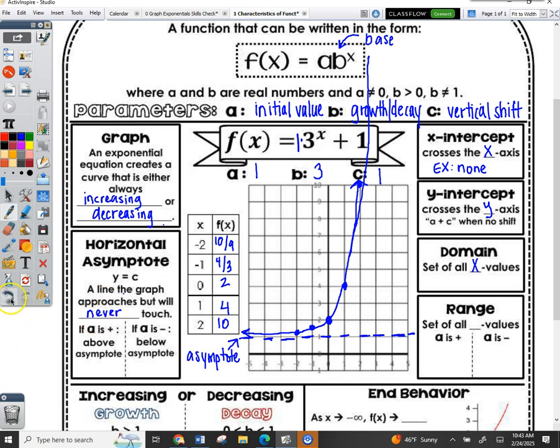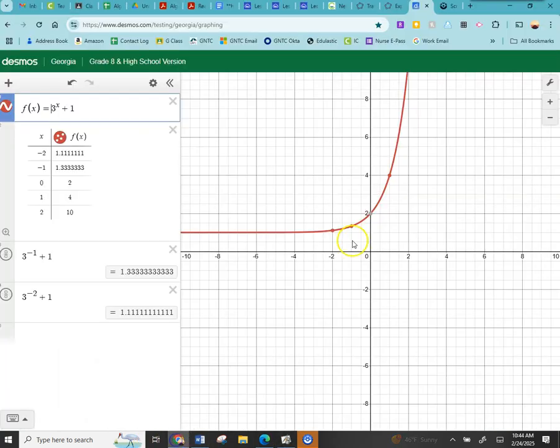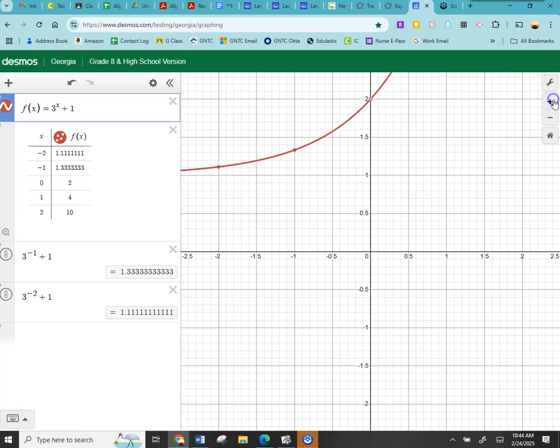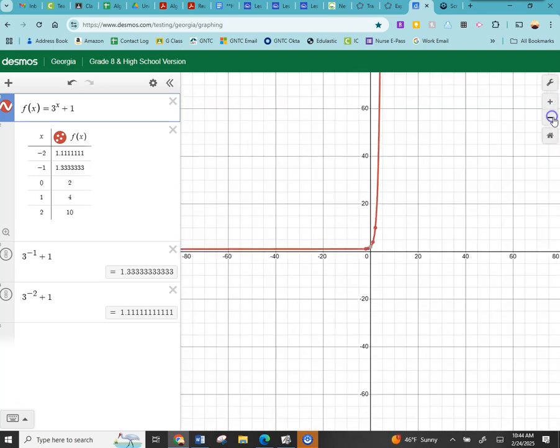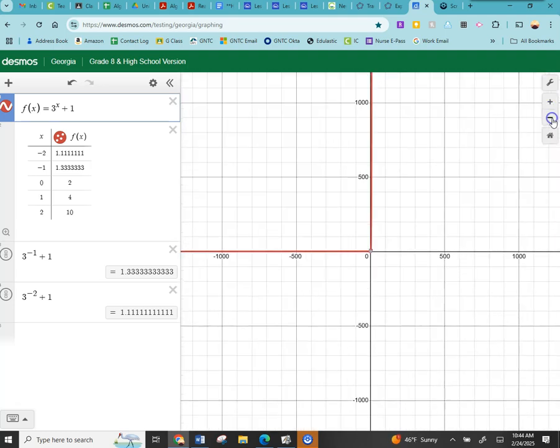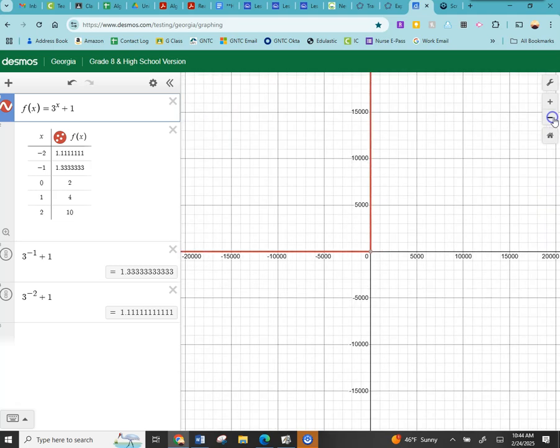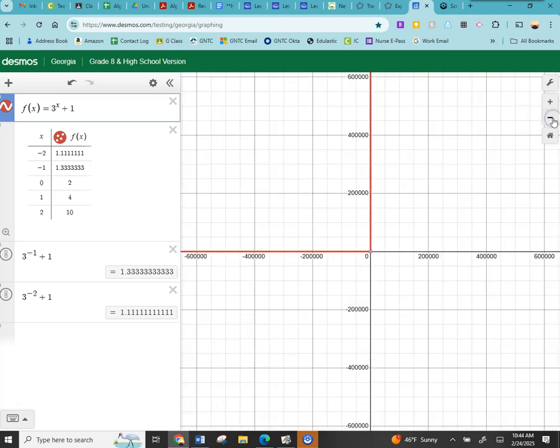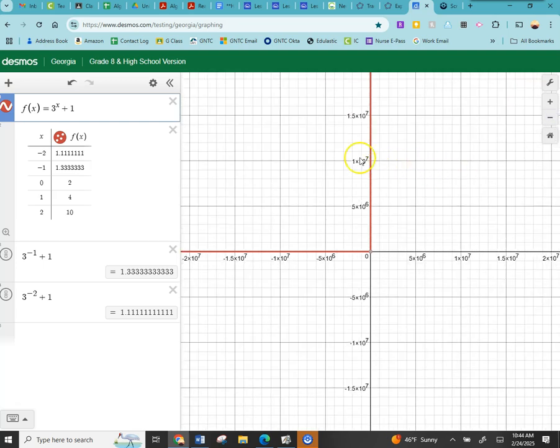If you were to take your Desmos and zoom out, zoom out, keep going. I've zoomed out so far. Now this looks like an L, doesn't it? But it's definitely not an L, because watch.